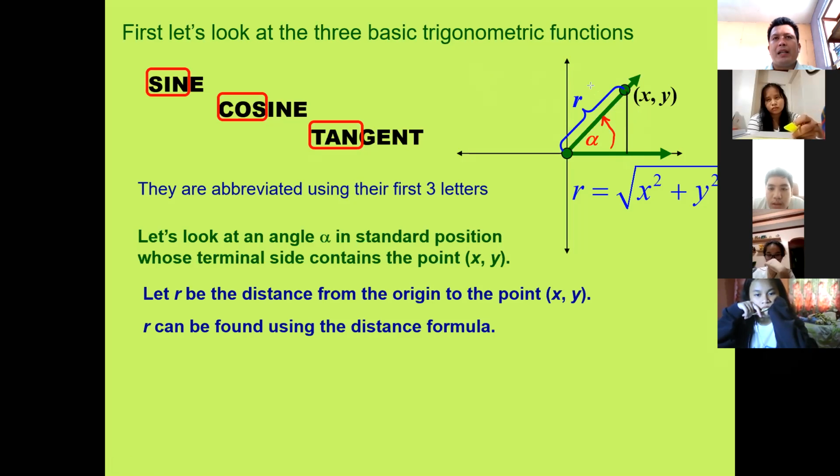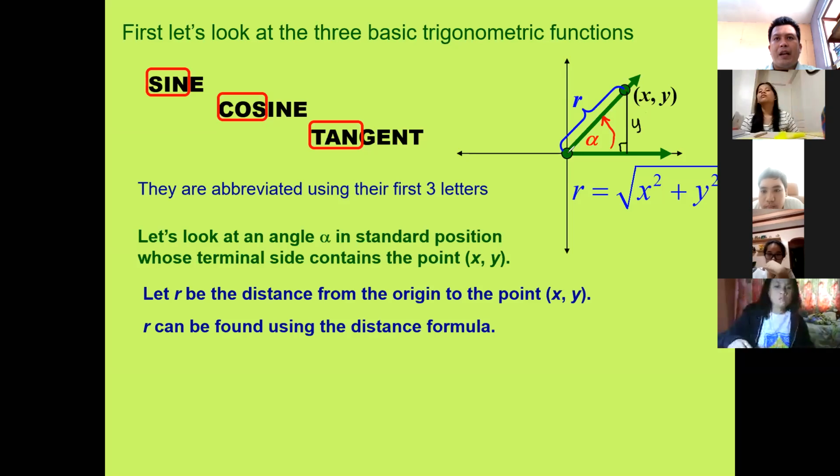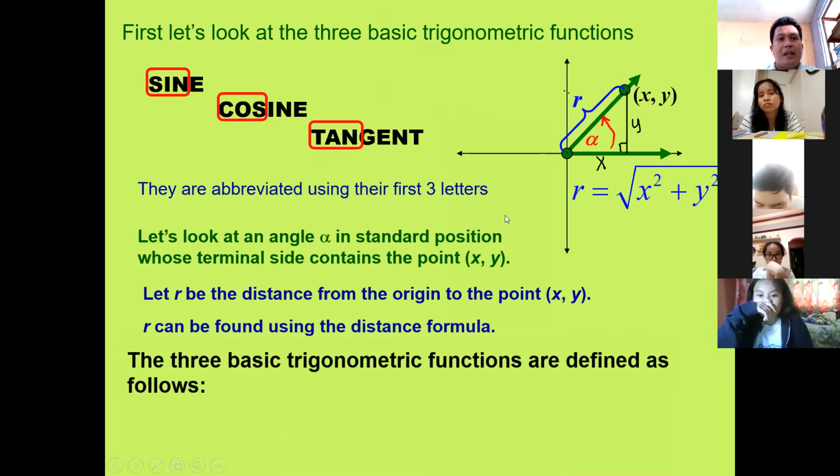If we make a right angle here, and we put values, this is y, because that's the distance from the x-axis to the point, and this is your x. Recalling the formula for SOHCAHTOA again, sine of alpha is equal to opposite over hypotenuse. This time around, your hypotenuse is r. So sine of alpha is equal to y over r.